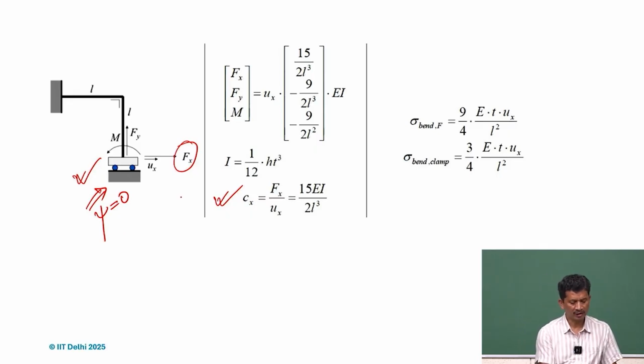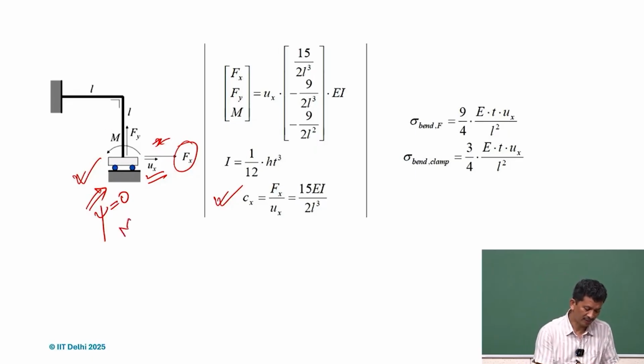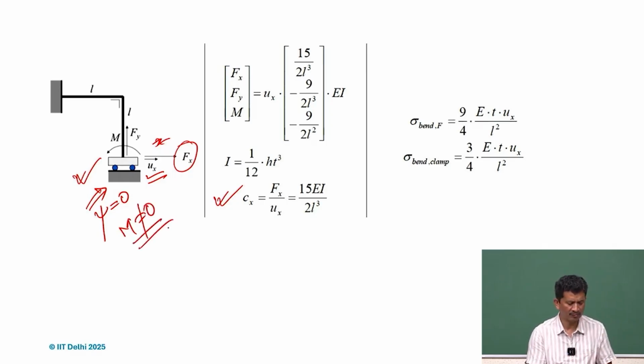So we have x, this is Ux, and as it moves, it's guided. So M is not 0, it's psi that is 0. The angular deformation is 0, so it's guided, but M is not 0. So we have to remember that.